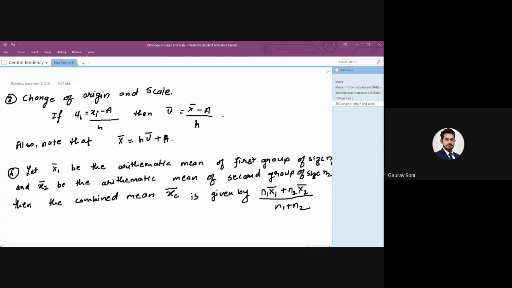So we have two different groups and we need to find out the combined mean of the two groups.